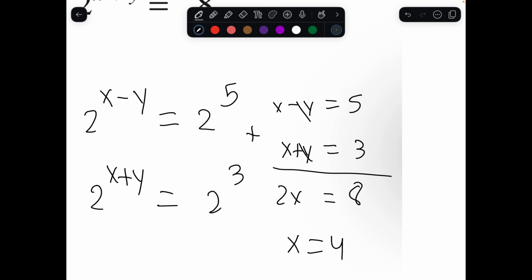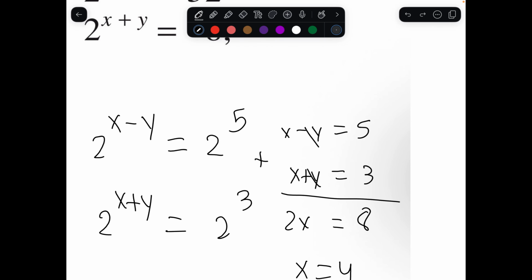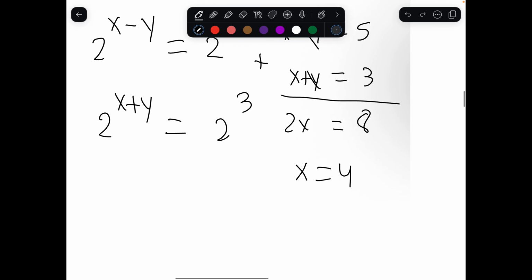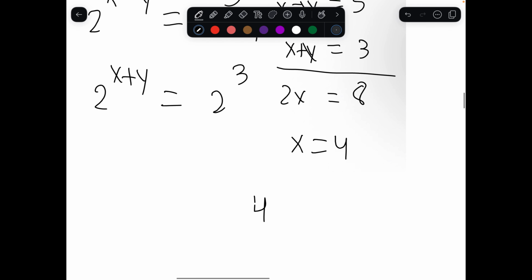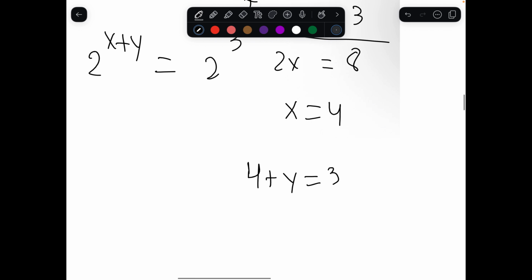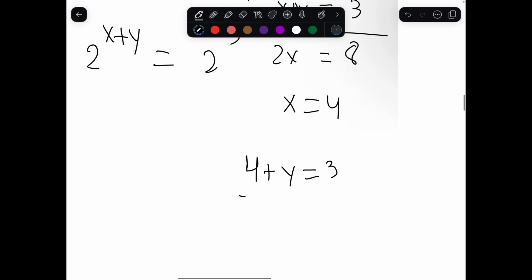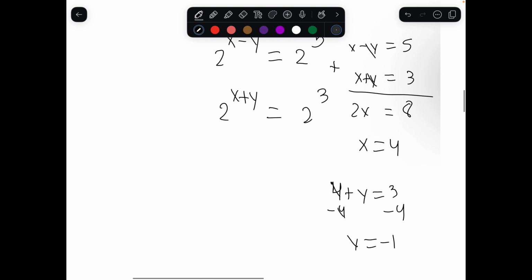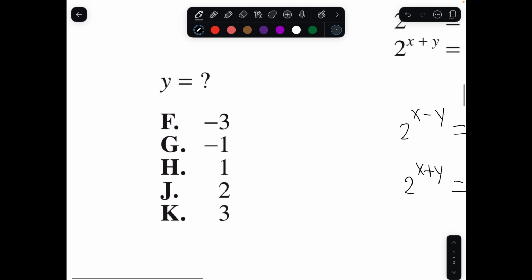And then you can just plug 4 back into any of these equations. I'm going to plug it into the second one. So 4 plus y equals 3. Now if I solve for y, I get y equals negative 1, which matches answer choice G.